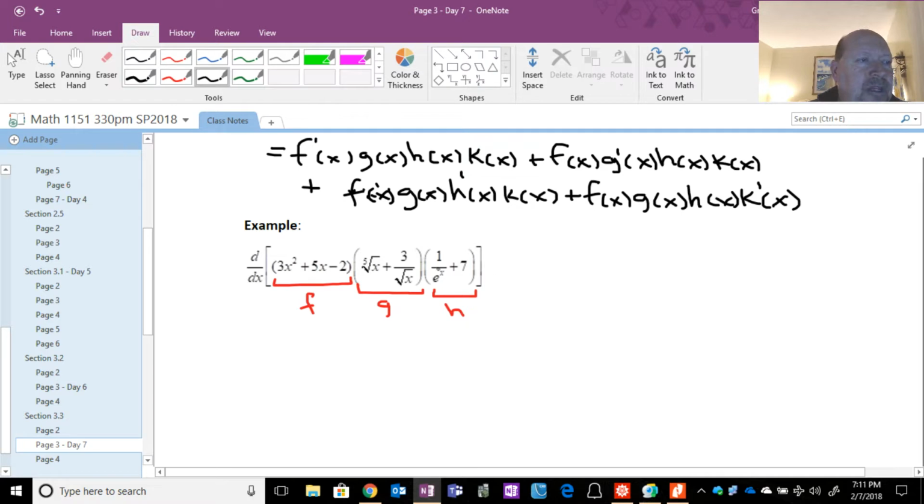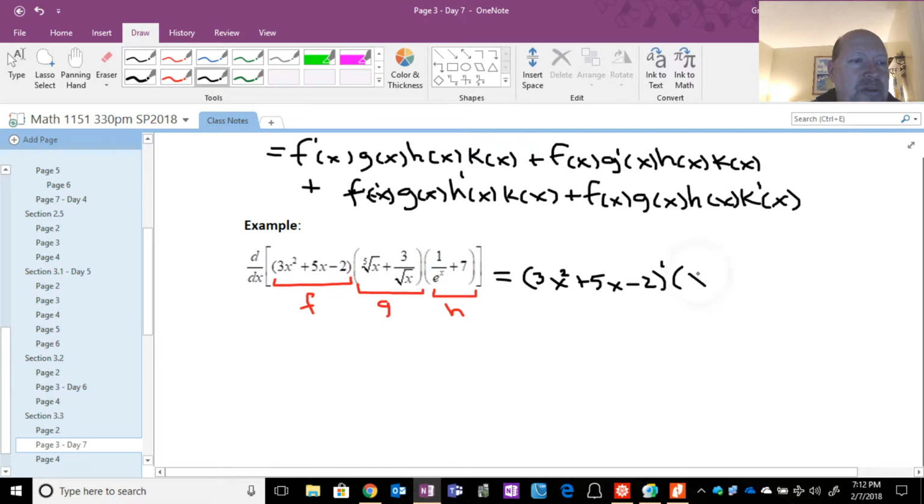So here's how it would work. You would take the first factor here, and we'll write it out. It would be 3x squared plus 5x minus 2. So we would take the derivative of that times the other two. Like we've done in class, we're going to take all the radicals and change them to rational powers, like fractions.